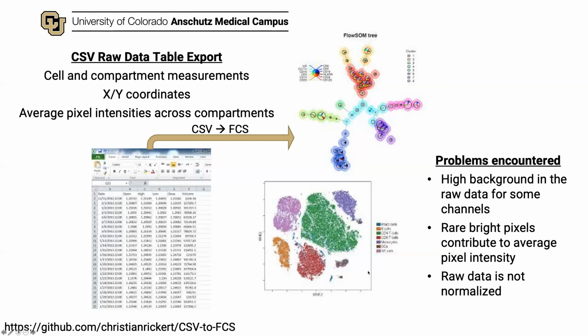So Mansouri worked on doing this for our own data sets coming off the MIBI, and we ran into a few problems. As we were working through these, we figured out that there were problems happening over and over. It wasn't specific to a particular project, but was general to MIBI images across the board. In some cases, we had high background. This is not due to instrument background or lanthanide metals being present in the tissue.